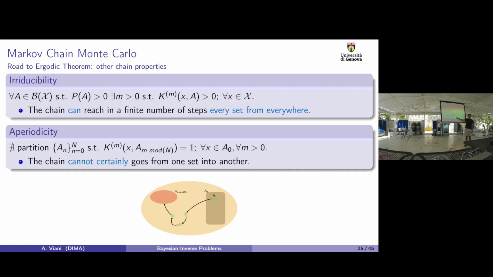So starting from a point, I can reach each other point, and so everything is stochastic. Everything is not deterministic. So there are no deterministic paths. Okay, this one is the aperiodicity.